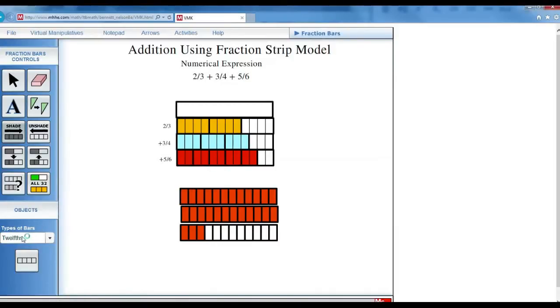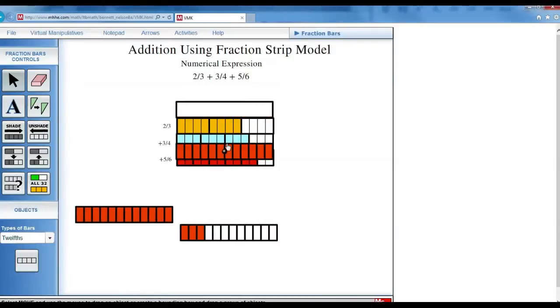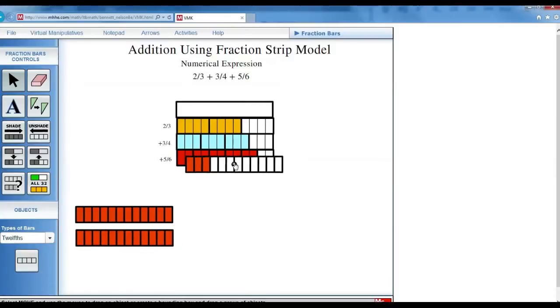Okay, so now I have one whole, two wholes, and 1/4. 1, 2, 3, 4.